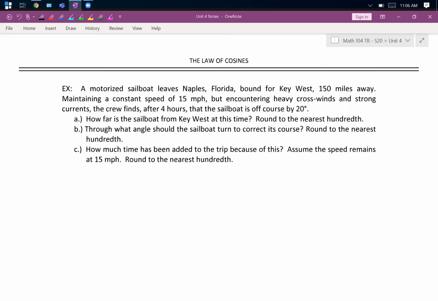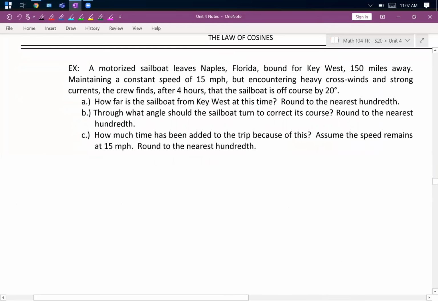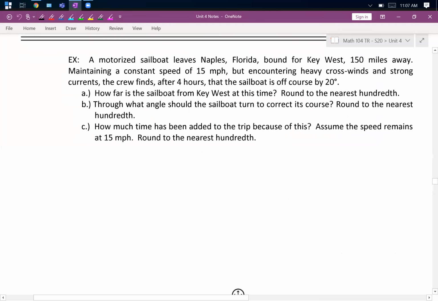Well, we want to start with a good diagram. Good diagrams are always important for us. It just so happens that Key West is almost due south of Naples, not exactly, but almost.